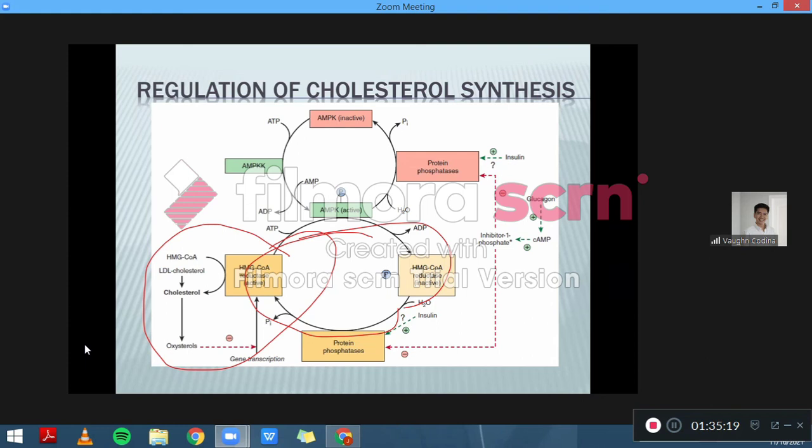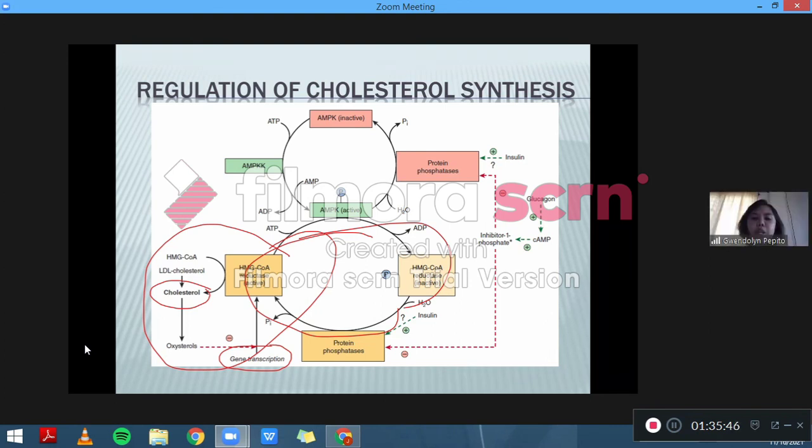So when there is an abundance of cholesterol, for instance from the diet, the transcription factor is inhibited, and the transcription of the mRNA for the enzyme is repressed. Therefore, we have less of the enzyme, less activity, less cholesterol synthesis.